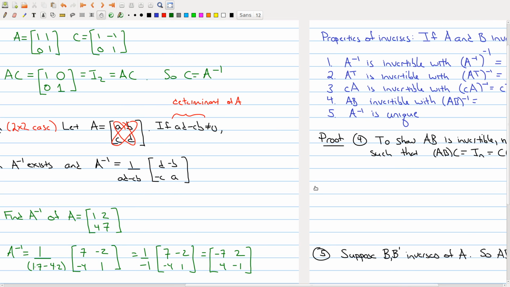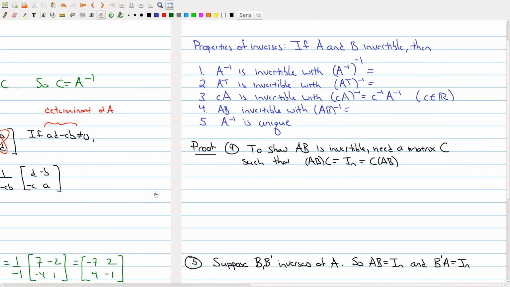Now there's a nice collection of properties that an inverse will have, and they're listed in this statement right here. I'll fill in some of the missing steps, and we'll look at a proof for statements 4 and 5. Let's quickly go through what the statement is saying.